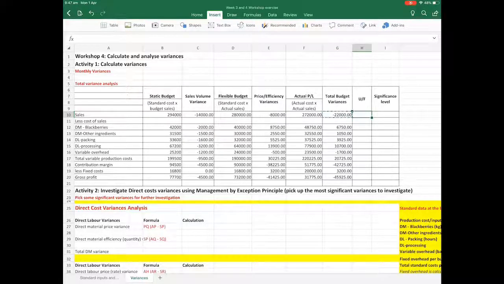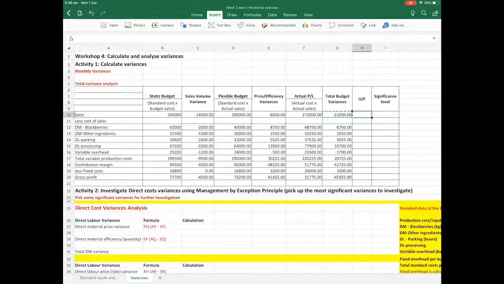Now, are these variances favorable or unfavorable? You don't look at the negative or positive figures to say it's unfavorable or favorable. The main point is to really understand the meaning.